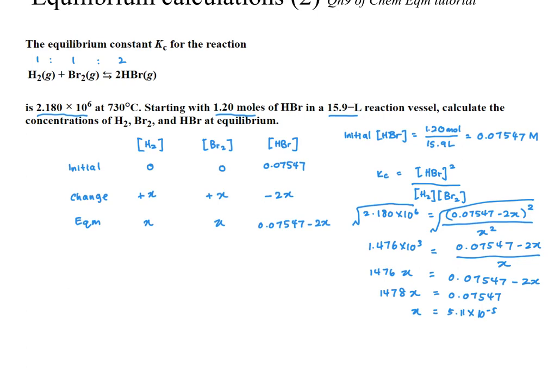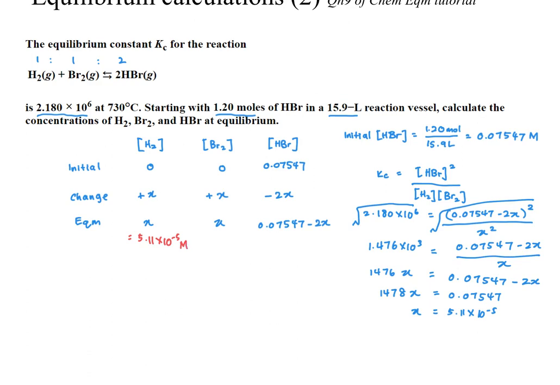so we can find out the value of X, which is in this case 5.11 times 10 to the power of negative 5. So now looking back at the concentrations of all the gases at equilibrium, we can say that concentration of H2 at equilibrium is X, which is 5.11 times 10 to the power of negative 5 molar.